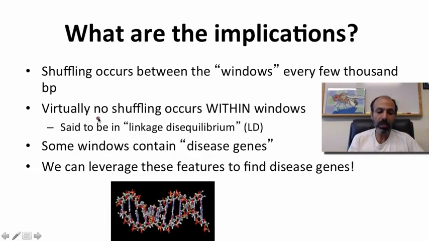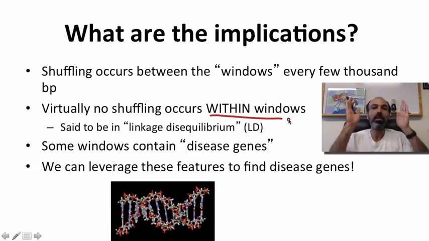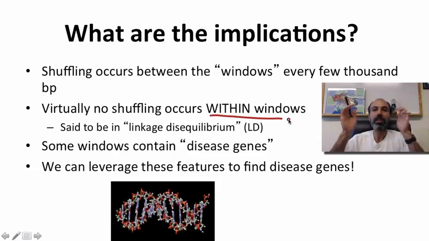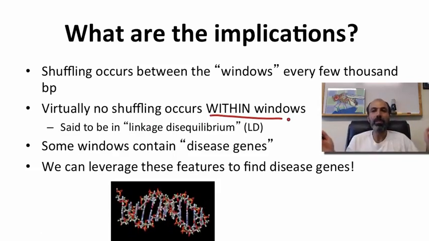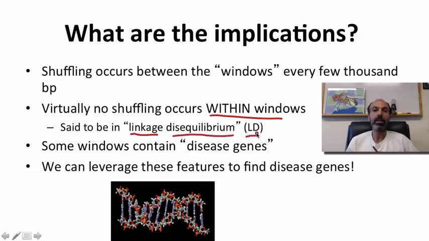But in contrast, we have some areas where no shuffling is occurring, and those are the areas within the windows, the areas between the recombination hotspots. There is basically no recombination. Or you can say that they are in linkage disequilibrium. This is often referred to as LD. Essentially, the alleles at one are stuck with the alleles they started with at the other one.